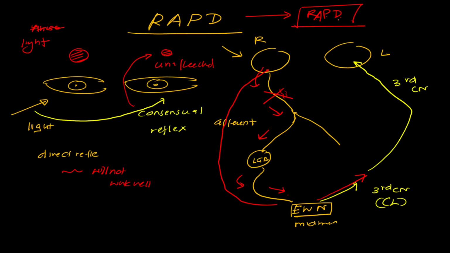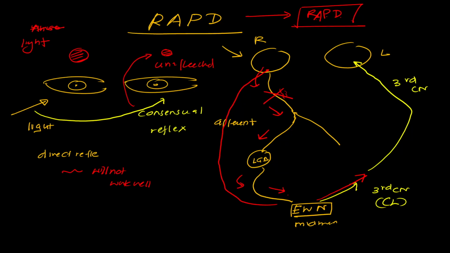So are we clear? Usually there should be the direct and the consensual light reflex happening once a light is shown through. But if there's some sort of a disruption in the afferent pathway, the direct reflex is more disrupted compared to the consensual reflex.